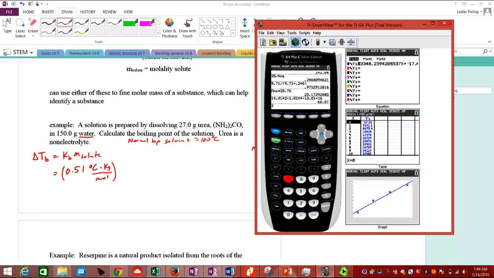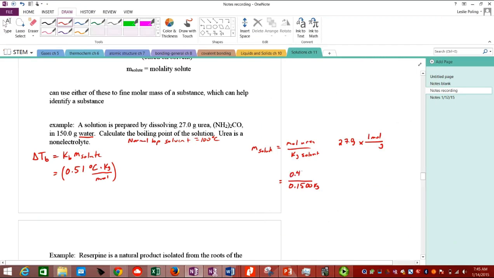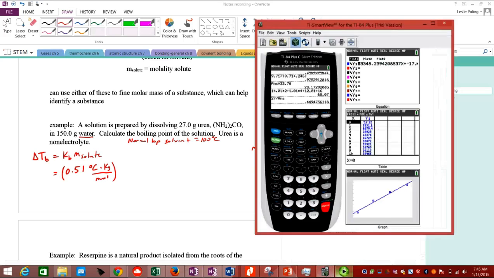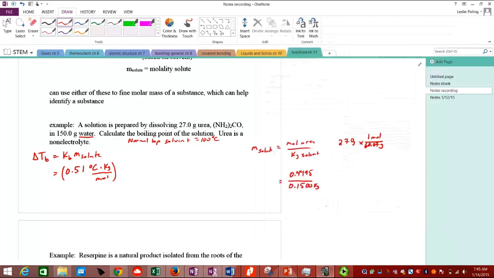So 27 divided by this gives 0.4495. And we divide by the 0.15 kilograms of water, and we have 2.9965.